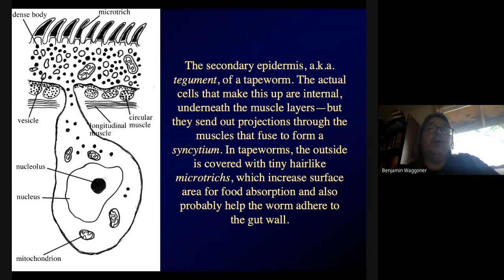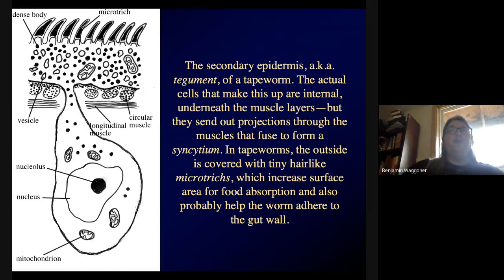This thing will start life with a ciliated epidermis, and then these cells that are underneath the epidermis and under the muscle layers, the big blobby thing that has the nucleus and the nucleolus labeled, will send up little extensions, and the extensions will go through the muscle layers and cover the old epidermis and spread out and fuse with each other.